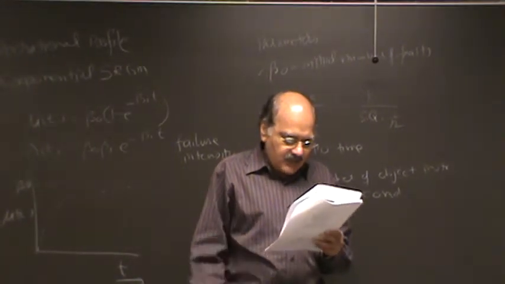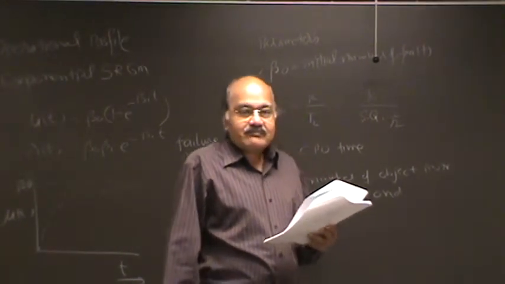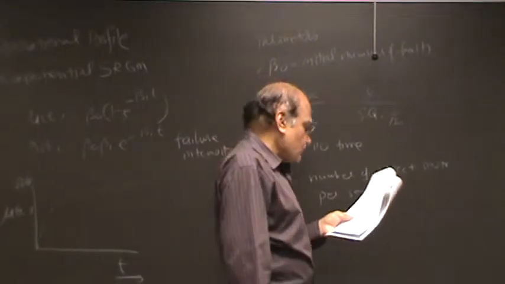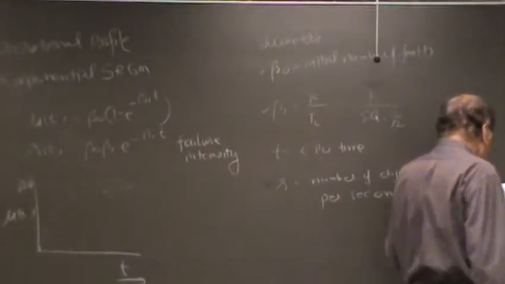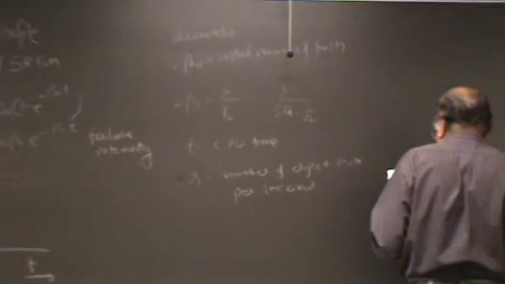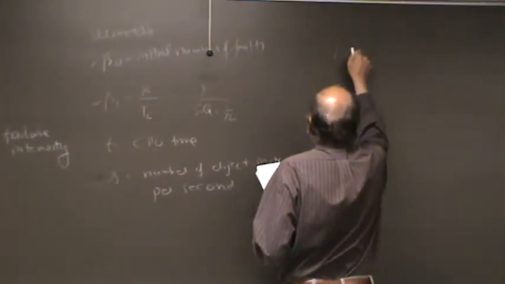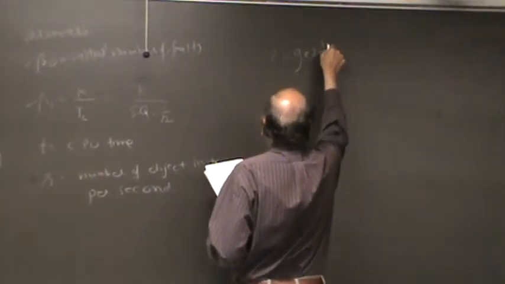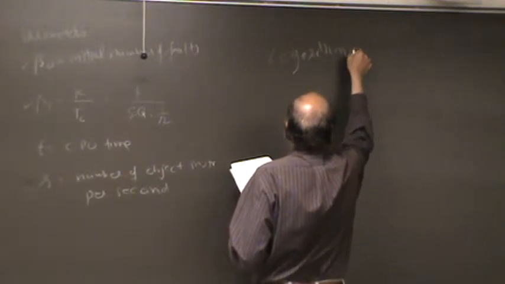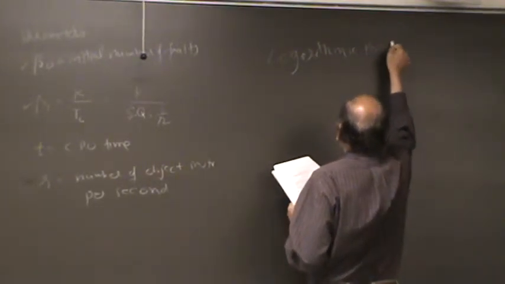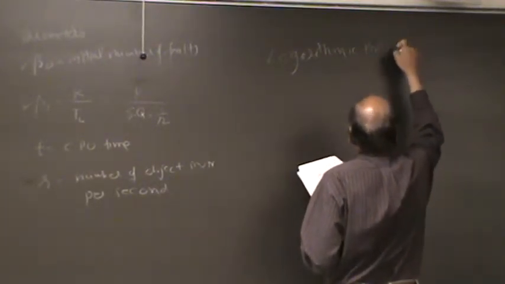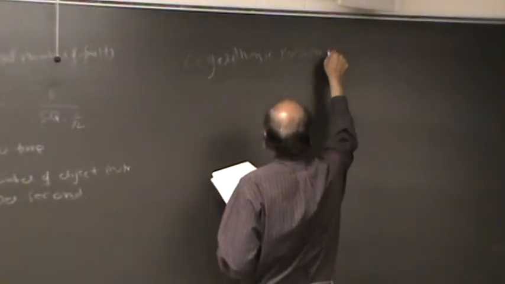But let me mention one other model that has been found to work well, and it is called the logarithmic Poisson model.